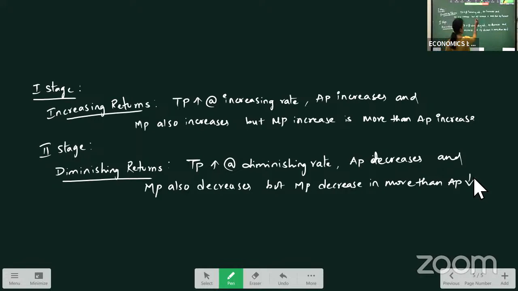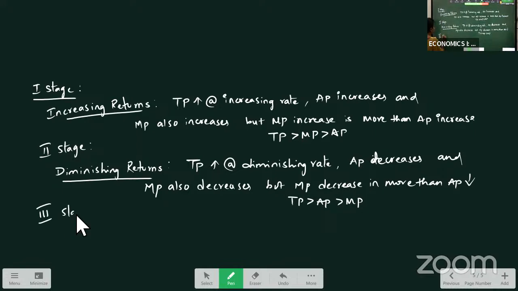Okay, so here you can observe TP is greater than MP greater than AP, whereas here TP is greater than AP greater than MP. This is what we observed in the second stage. Now, coming to the third stage, we call it negative returns.